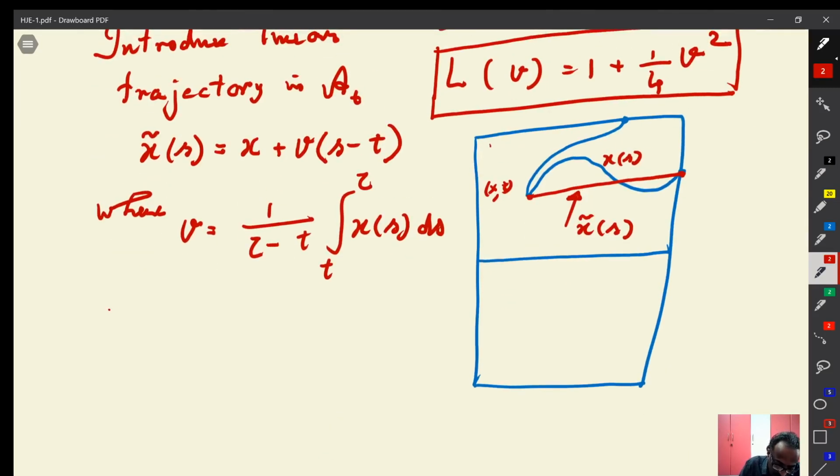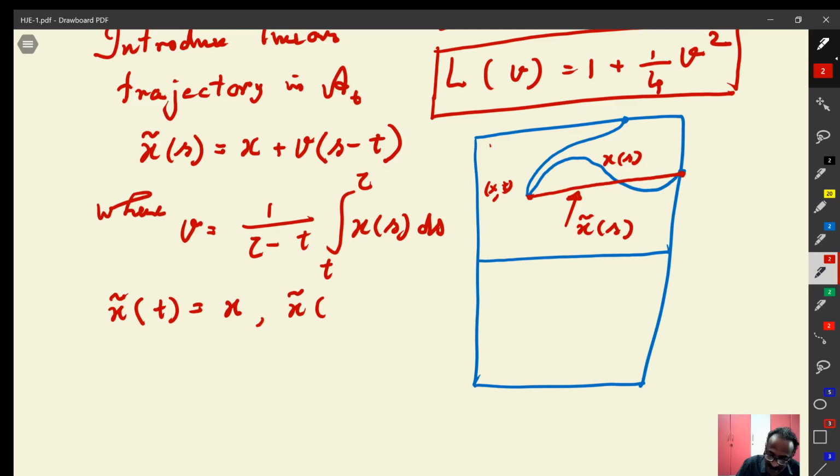What is your x tilde of t? When s equals t, this term vanishes, and it is x. So this trajectory starts from x. And what is your x tilde at tau? You have to calculate that.